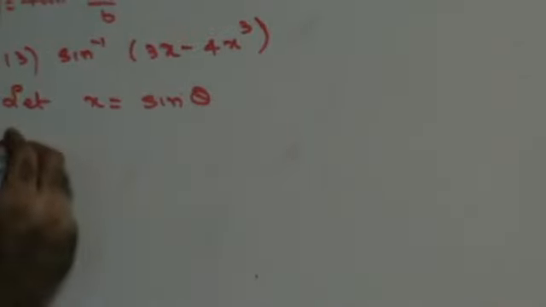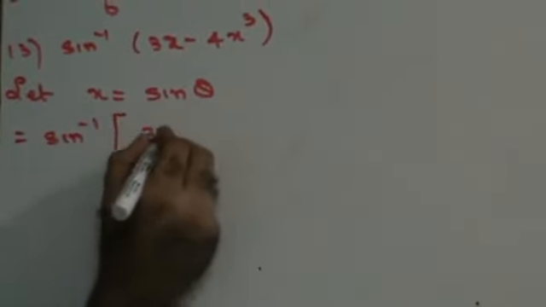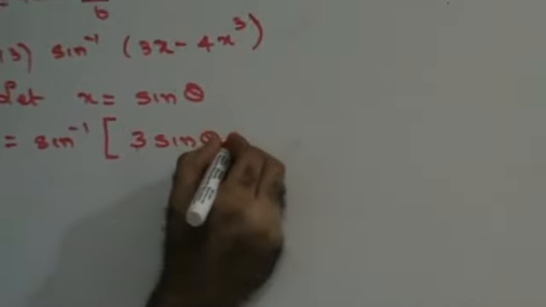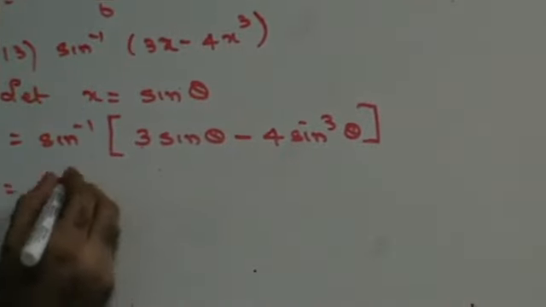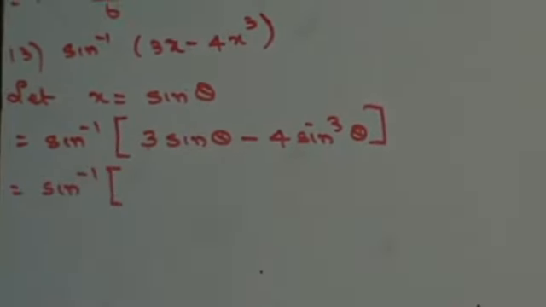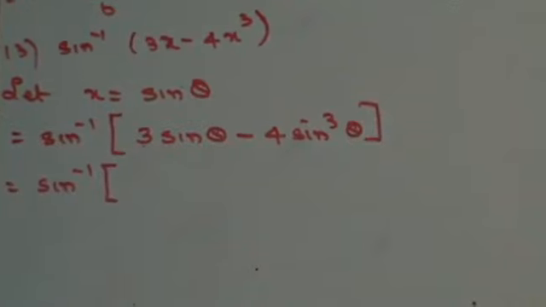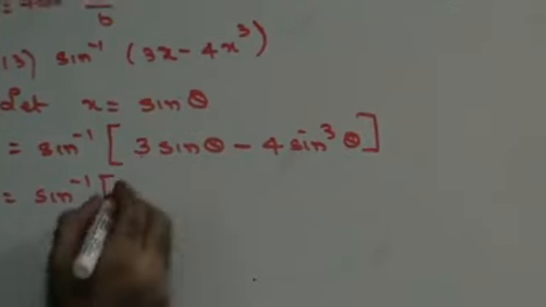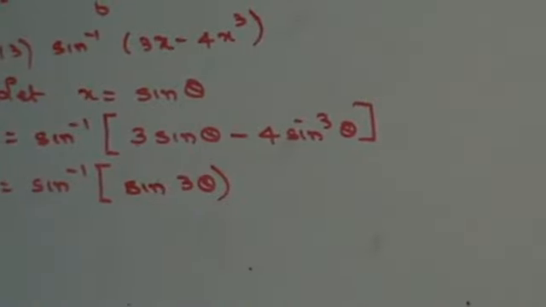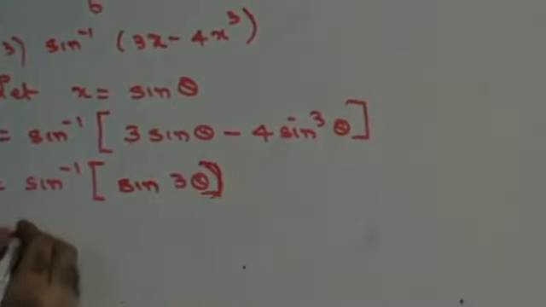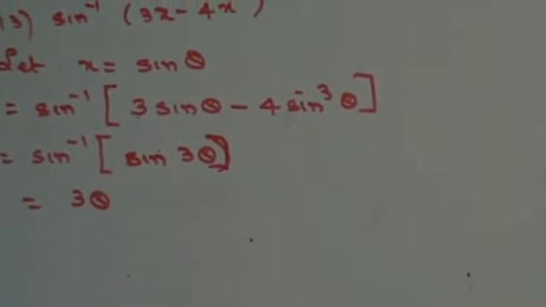So I'll therefore say this is equal to sine inverse of 3, substituting x as sine theta, minus 4 sine cube theta. This is sine inverse of 3 sine theta minus 4 sine cube theta. If I use the triple angle, this is nothing but sine 3 theta. Sine inverse and sine get cancelled, so this will be 3 theta.